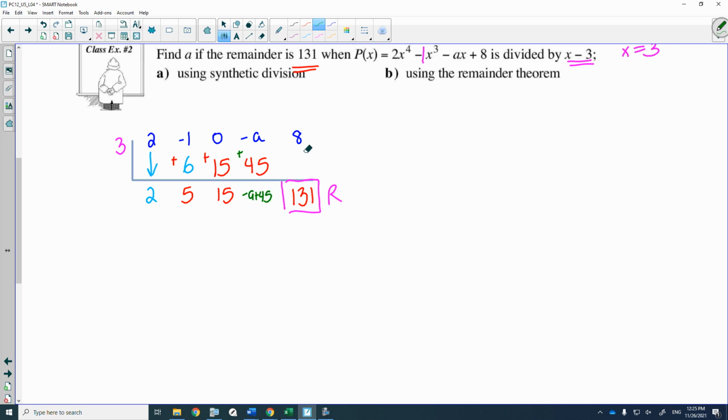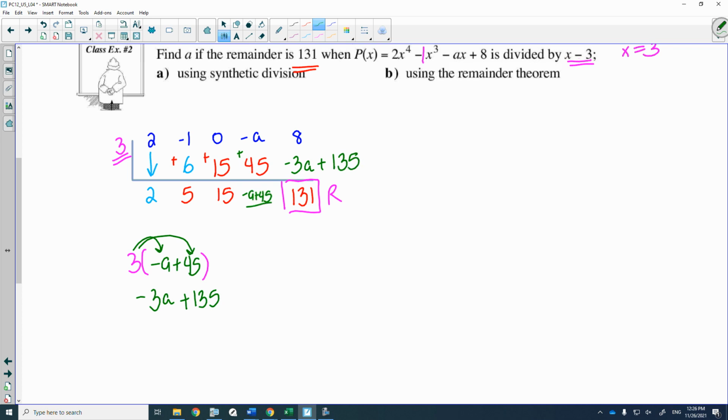In order to get this spot here, it's going to be negative a plus 45 times 3. So, or I could say 3 times negative a plus 45. That would give me negative 3a plus 135.